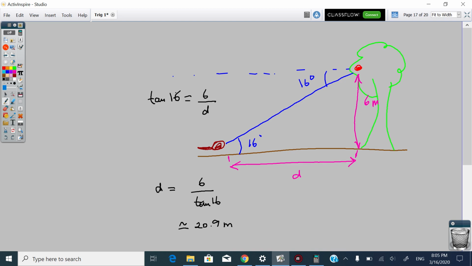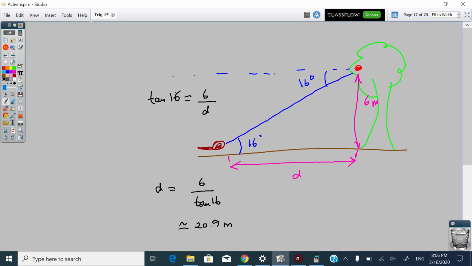Now the bird usually looks horizontally, but the moment he realized there is a cat around, he looked down and watched the cat, and the angle by which the bird dipped his head was 16 degrees, so this is an angle of depression. The cat saw the bird and decided that it might be a nice dinner. So it looked up, and the angle by which it elevated its eyes is 16 degrees, so this is an angle of elevation.